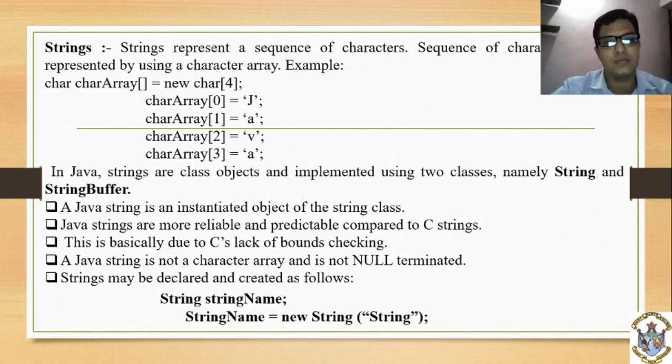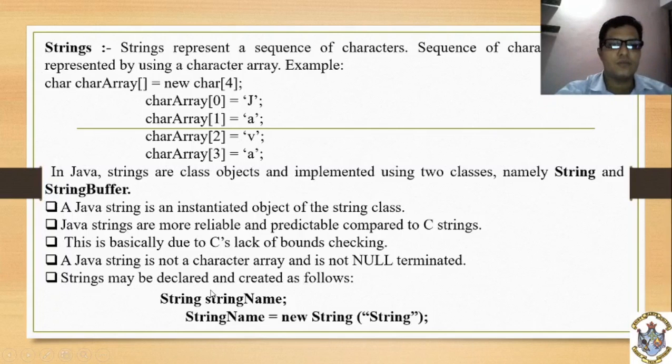Hence it gives very reliable and predictable results. A Java string is not a character array and it is not null terminated like C. In C, whether you specify it or not, it will be terminated with a null, but in Java it is not like your C program. It doesn't terminate strings with null.